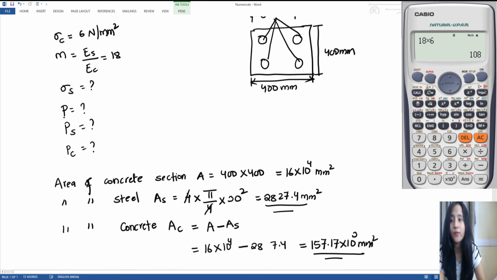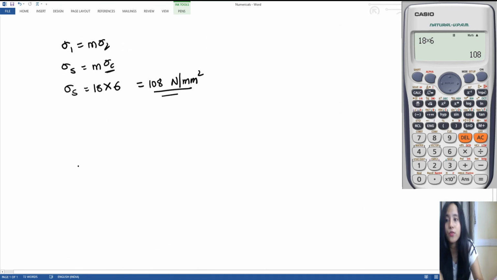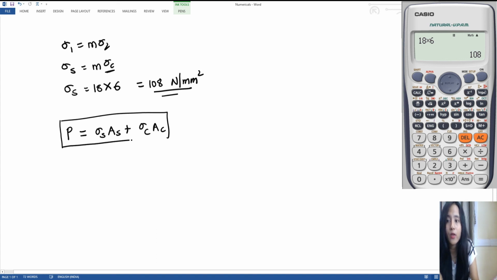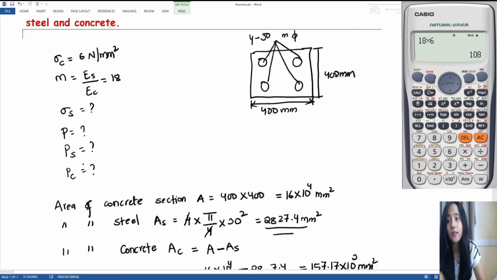Now next we have to find the total load. To find total load, P will be equal to stress in steel into area of steel plus stress in concrete into area of concrete, right? So let us find one by one. First, let us find load in steel, right?